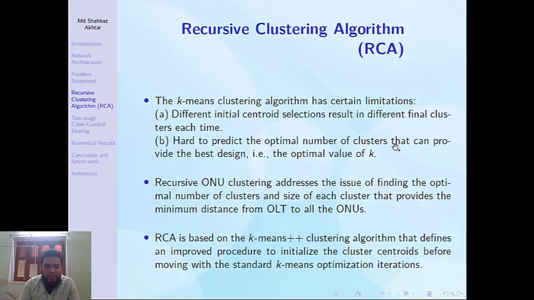Then again we increase the number of clusters and do the same process until we find for which number of clusters we get the minimum cost. So in RCA we basically use the K-means clustering algorithm as a starting point for making the clusters, with an improved procedure to initialize the cluster centroids before moving on with the standard K-means optimization iterations.